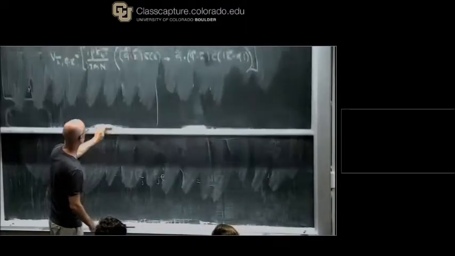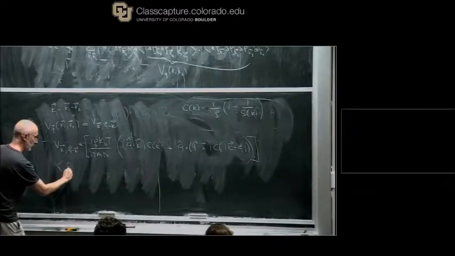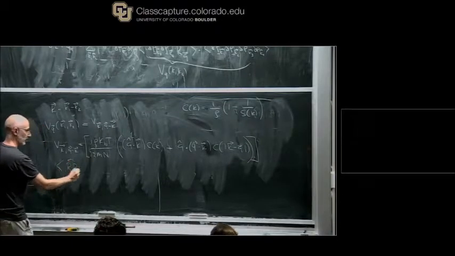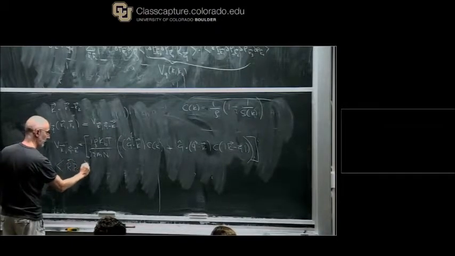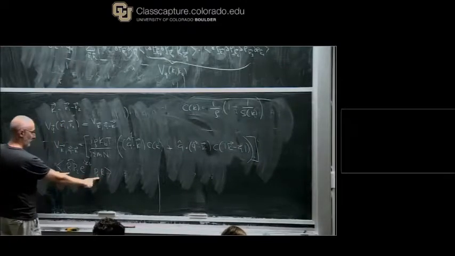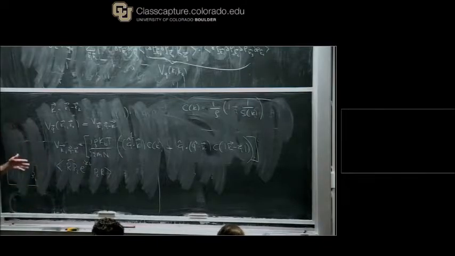Remember, I've got a correlation that's like R and then P2. So I can act this P2 on this R. Then I'm going to put an e to the iLt here, P2 acting on R. For each P2 acting on R, I get a vertex. So I'm going to get the absolute value of the vertex squared. Right? So it's like the Fermi golden rule or something. I get a coupling constant squared.